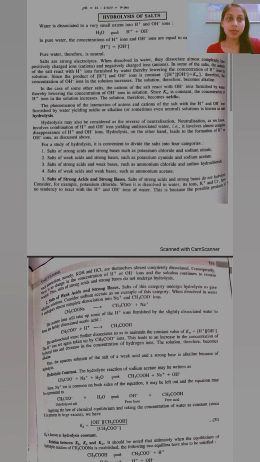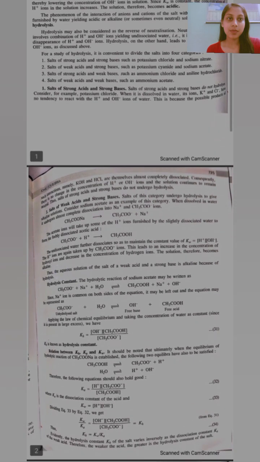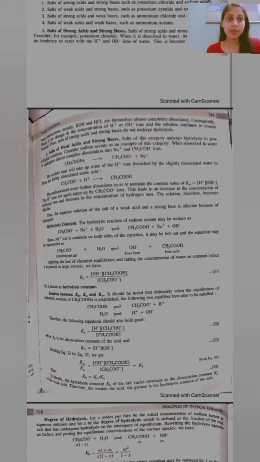This is because the possible products of the interactions, namely KOH and HCl, are themselves almost completely dissociated. Consequently, there is no change in the concentration of H+ and OH- ions, and the solution continues to remain neutral. Thus, salts of strong acids and strong bases do not undergo hydrolysis.